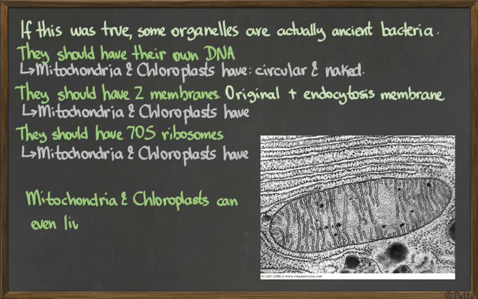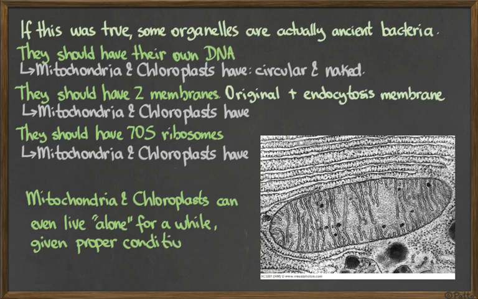Mitochondria and chloroplasts can even live alone for a while if given the right conditions. If you give them the proper conditions that are found inside of a cell, these guys can live alone. Of course, they are so much associated with us today that they are not capable of living free in the environment.